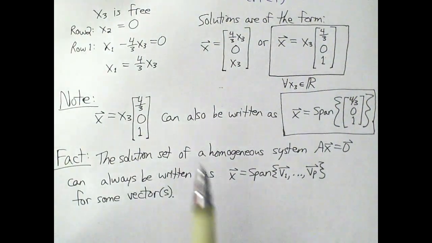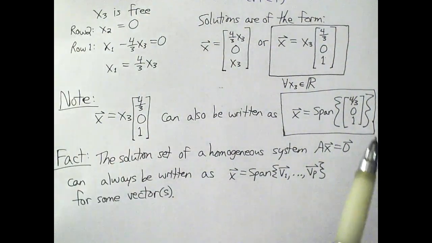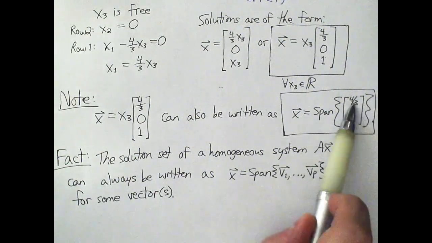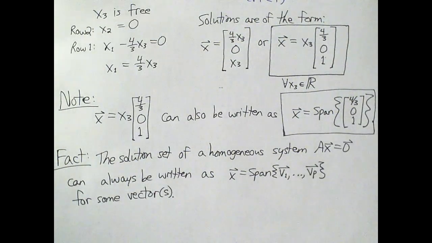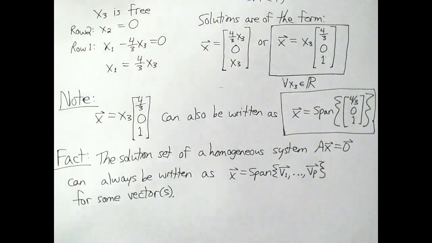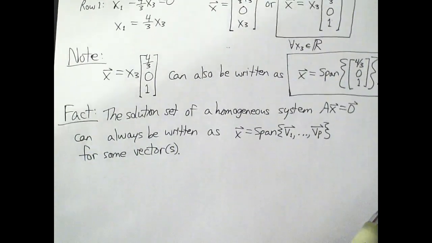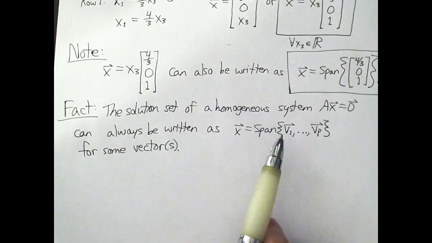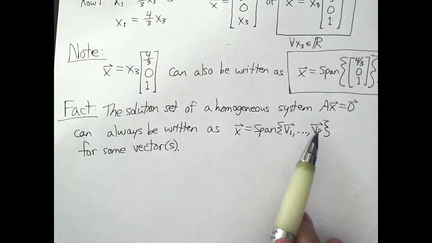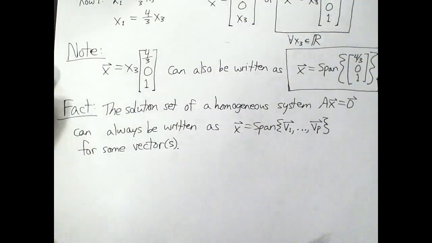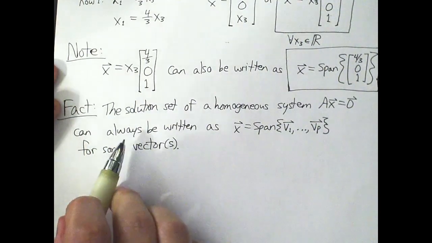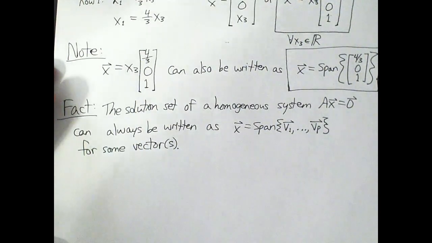It's like, what are the solutions to this system? Well, the answer is any multiple of this. Or maybe if there's some other problem, we might have to say that it's any linear combination of these, you know?